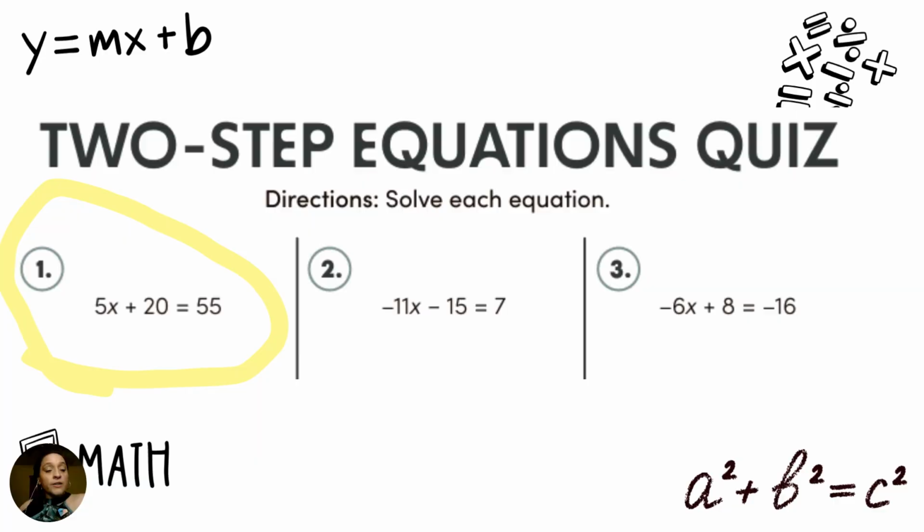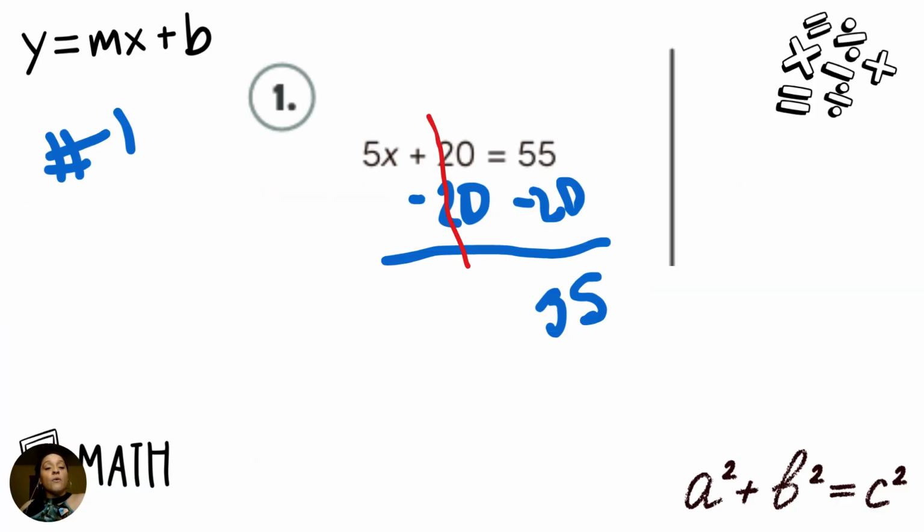Okay, so the first step that we would do to solve number 1 is we would go ahead and start moving this positive 20 to the other side of the equal sign. The positive 20 and the negative 20 cancel out each other because this positive 20 is in the original equation.